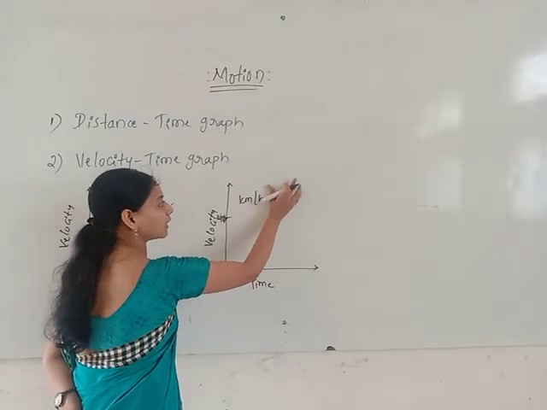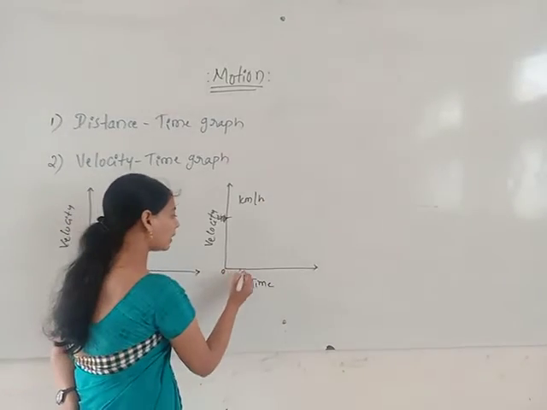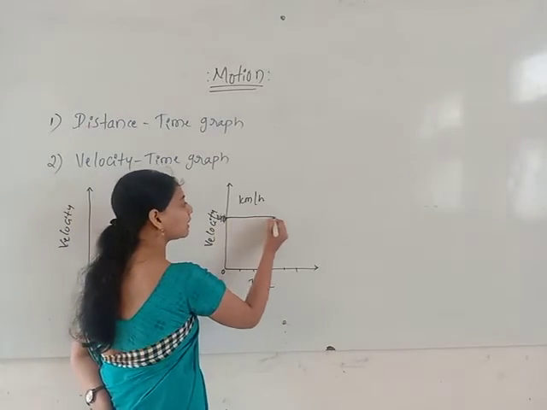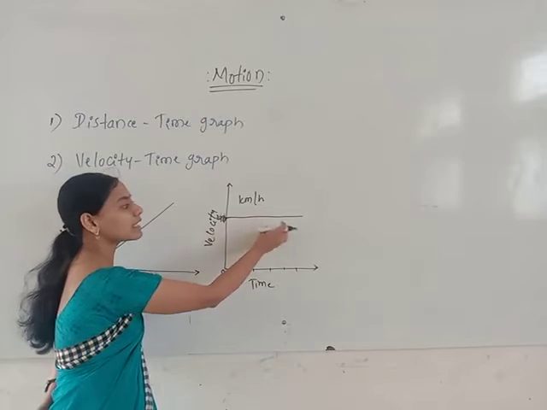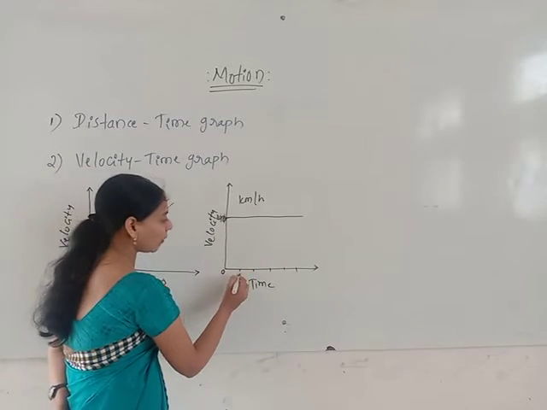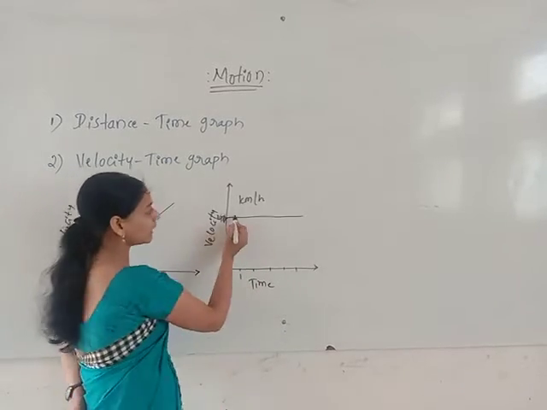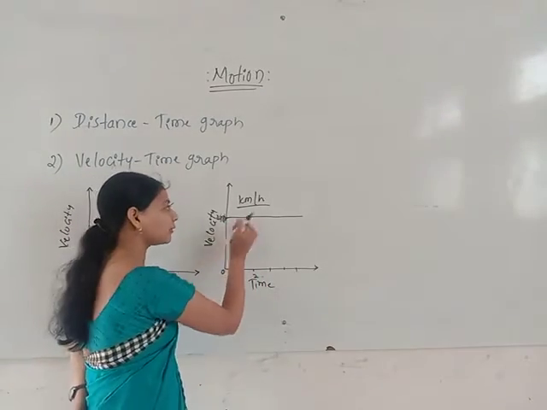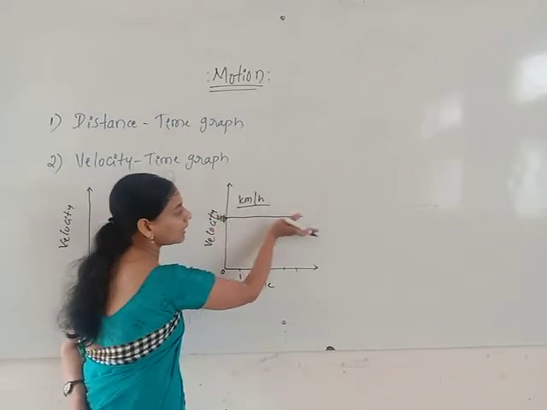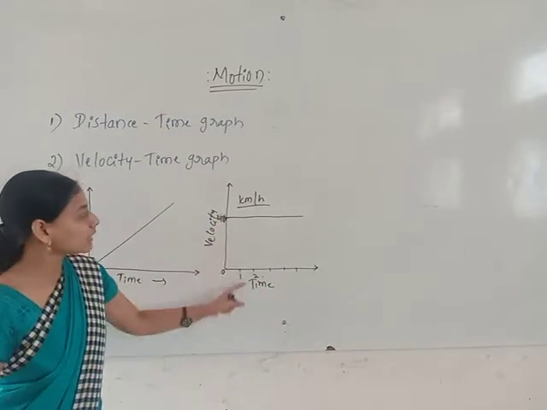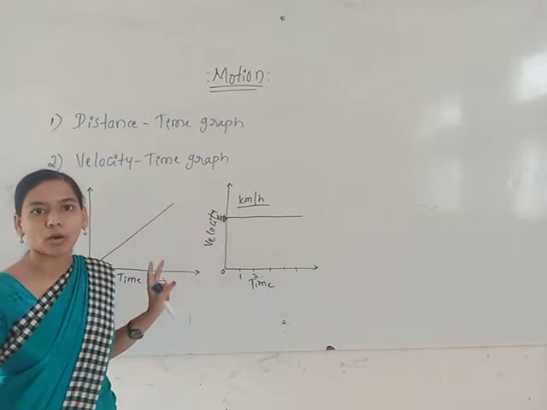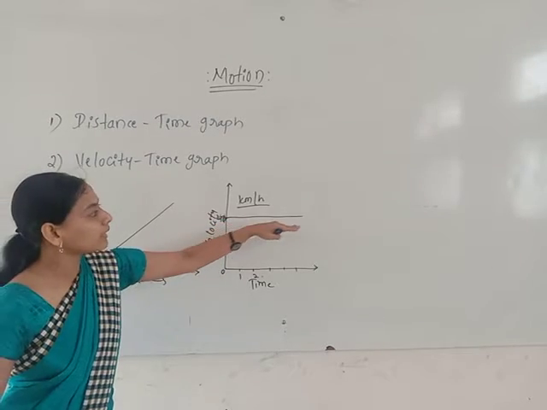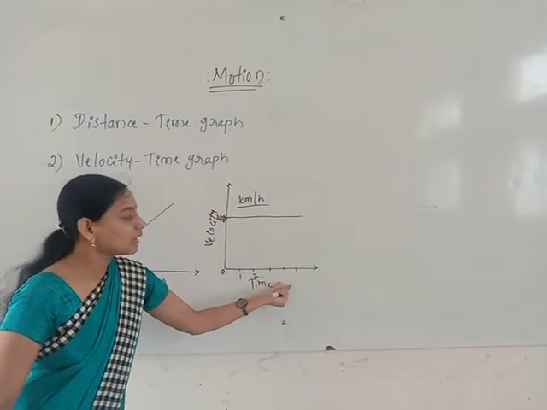If the acceleration is uniform, it is not changing. If you travel for 1 hour, it is at 40 kilometers per hour only, and if you travel for 2 hours, it is at 40 kilometers per hour only. We get a parallel line in this graph. If the velocity is uniform, we get a line which is parallel to the x-axis.